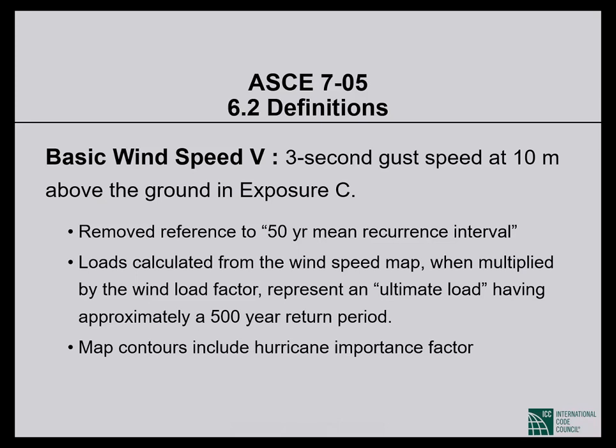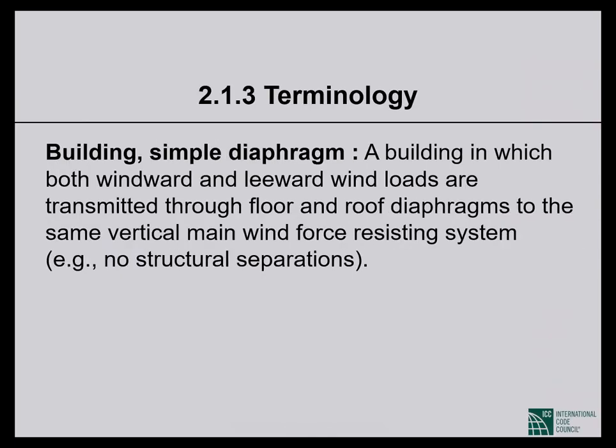This is a subtlety that you don't have to worry about. Stick with the BNBC definition, and that definition is 50-year return period. So here, there is a difference between ASCE 7 and BNBC 2020, and the ASCE 7 thing you can simply ignore.